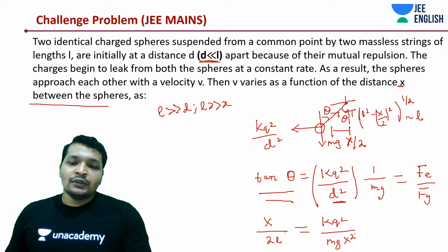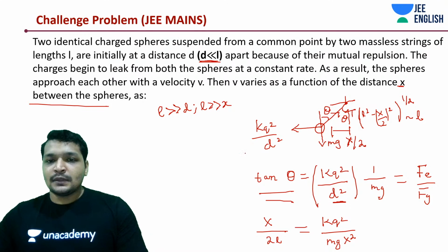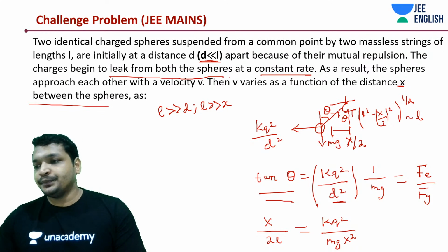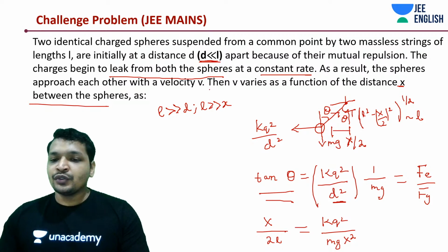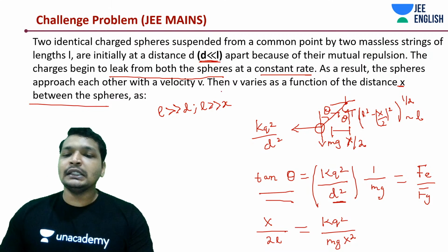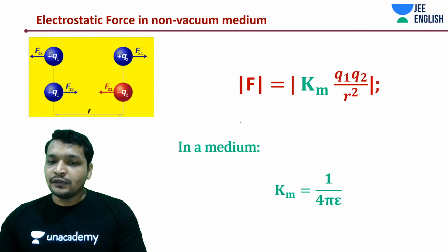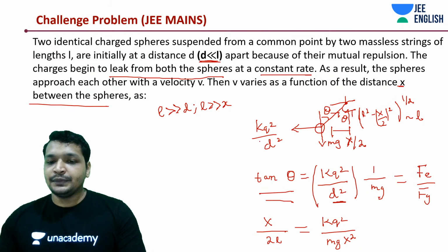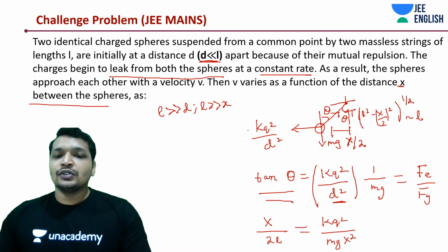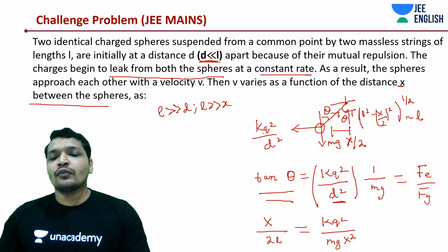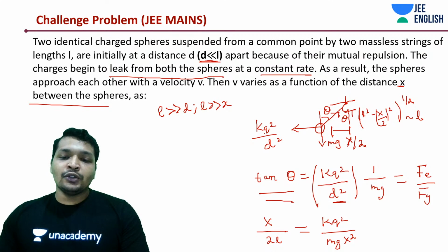Alright. Now the thing is, the charges are leaking at constant rate from both these spheres. Okay. So dq by dt is constant. First of all, we need to derive the value of q in terms of x. So it is going to be x cube.